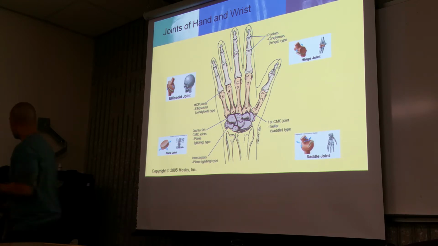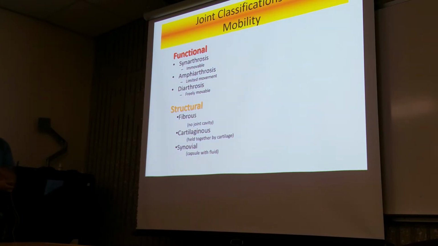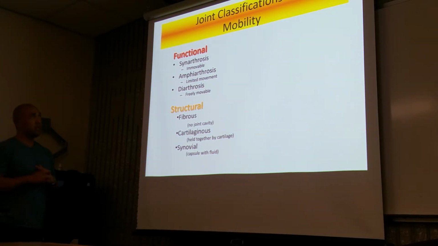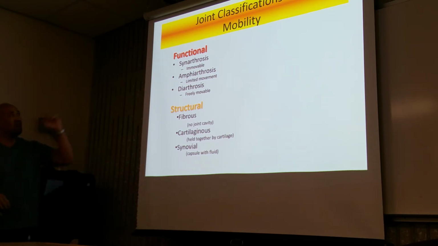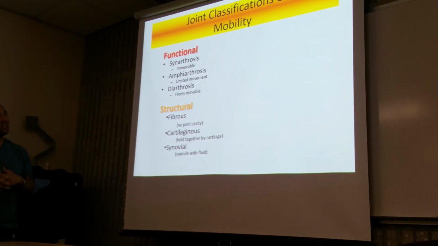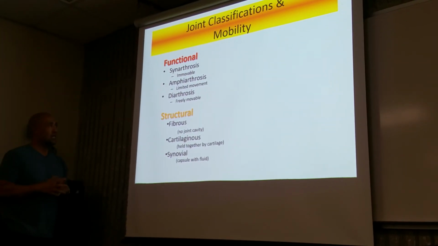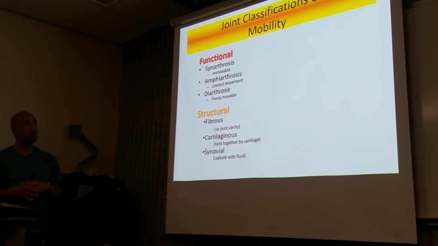Any questions? Okay, let's fly through this. Joint classifications in mobility can be broken down to either functional or structural. If it's functional, a joint that is immovable is known as synarthrosis. Limited movement is amphiarthrosis, and freely movable is diarthrosis.